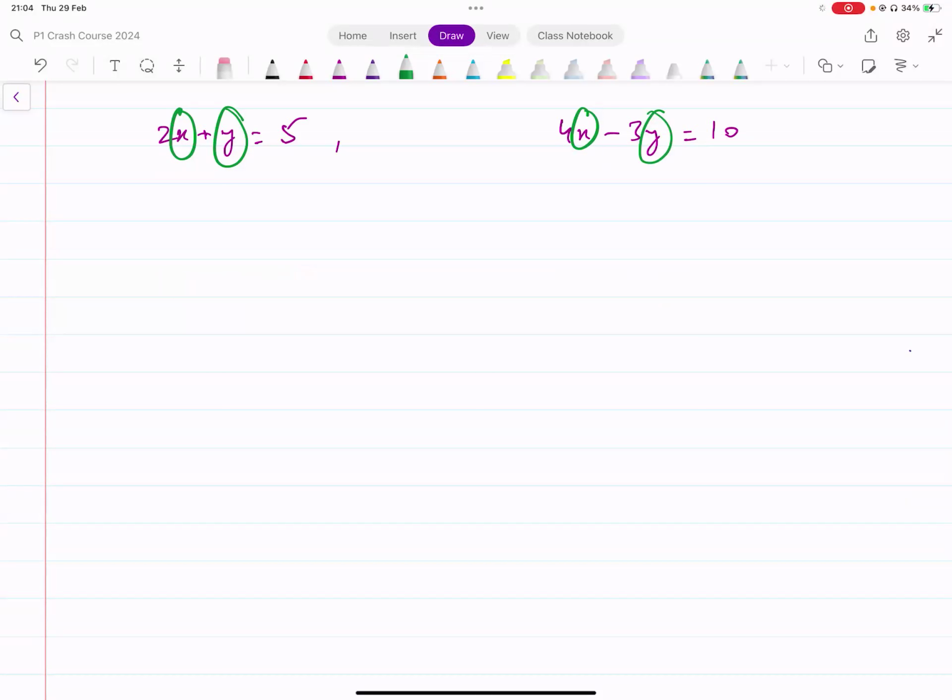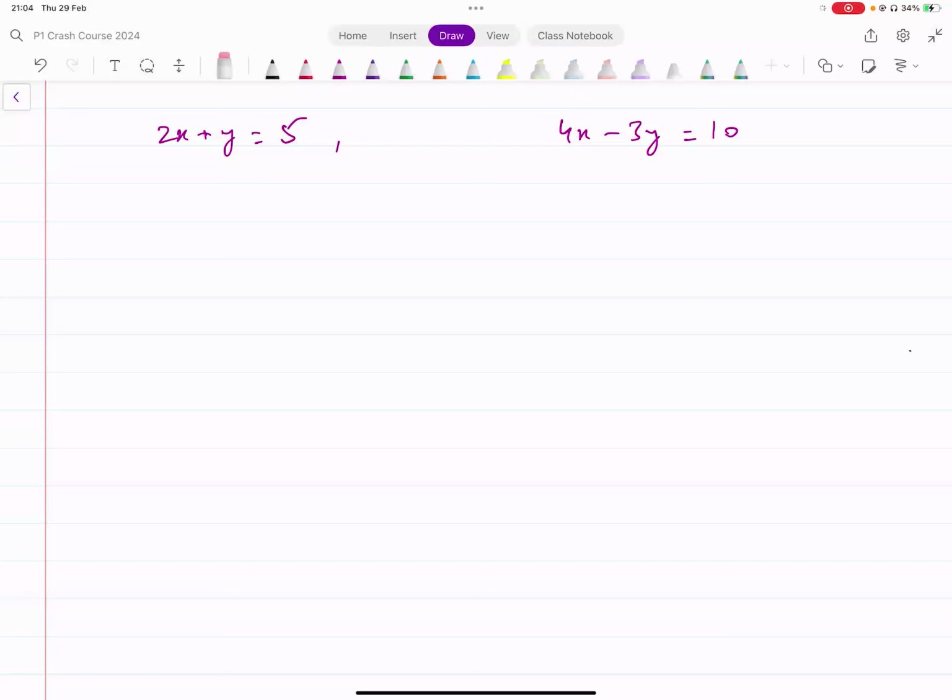Make one coefficient the same, at least in terms of magnitude, as in it's possible that one of them is 3y, one of them is 3 and the other is minus 3. That's okay, as long as the magnitude is the same. So it should be 3, 3, for example. Or you can make it 4x and you have 4 here as well. Make one coefficient the same in both equations.